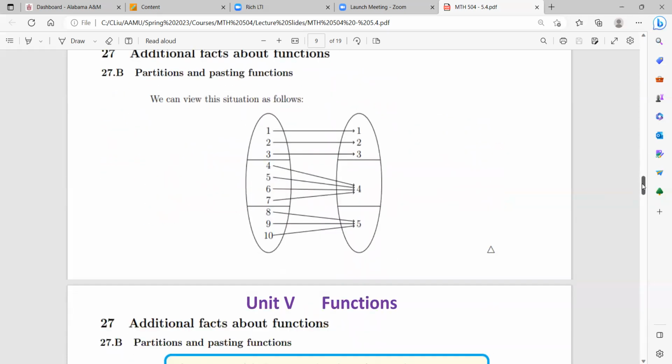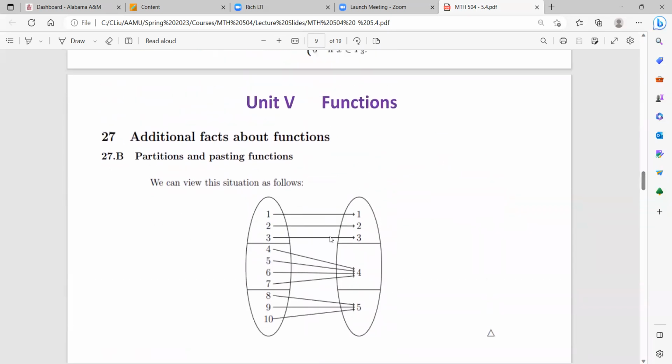Okay, it's very helpful if you draw the diagram of the sets with specific elements in each set, A and B. The left hand side is set A with 10 numbers, and we split it into 3 pieces, or partition it into 3 subsets.